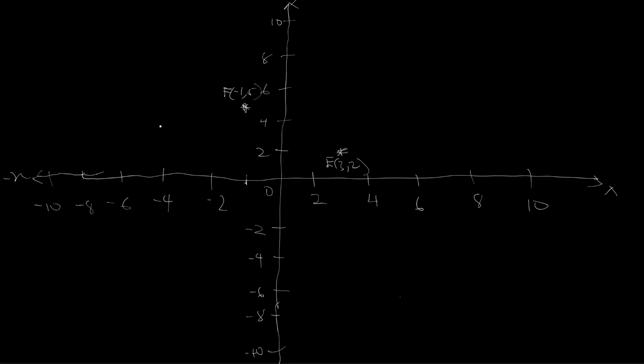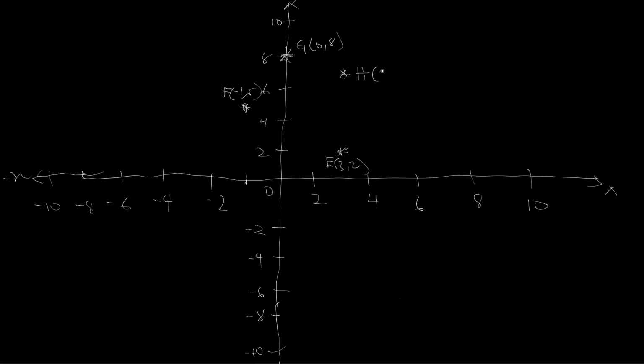Our G, which is (0, 8). So x is 0, y is 8, should be here. G is (0, 8). And our H will be (3, 7). 3 is here, 7 should be here.